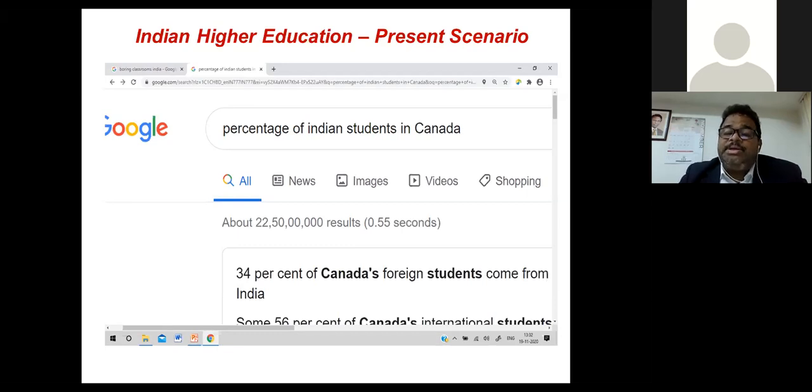National education policy has accepted it, and they have taken some measures that we need to improve, and we need to attract the foreign students. Actually, one of the criteria of a world-class university is students from other countries.